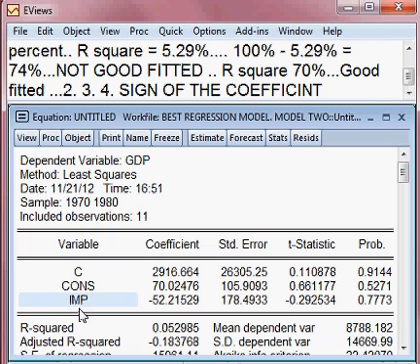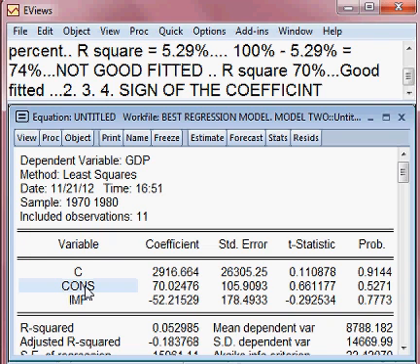The second one, import. What is the sign? It is negative. Negative means if the import goes up by 1 unit, on average GDP goes down by 52.21 units, provided the other independent variable is fixed, such as consumption here.